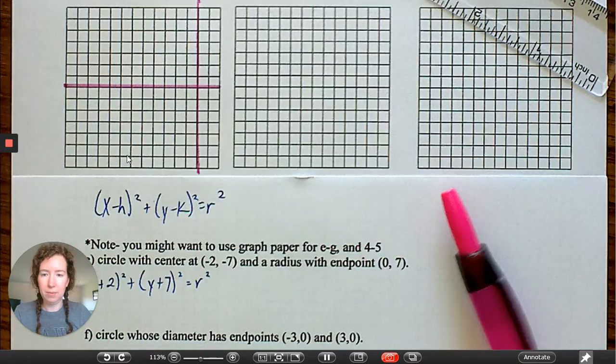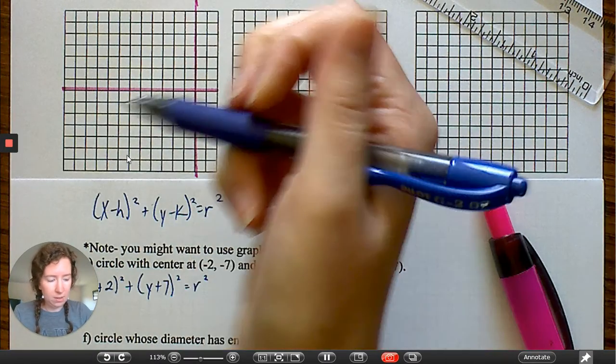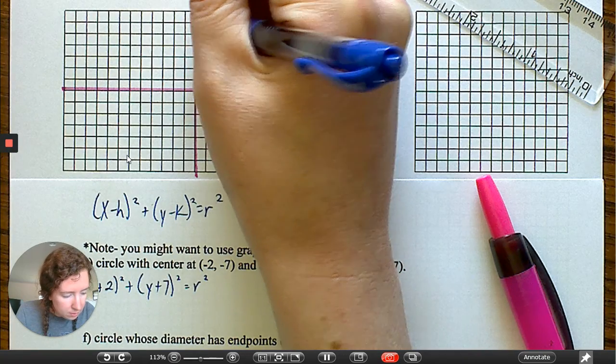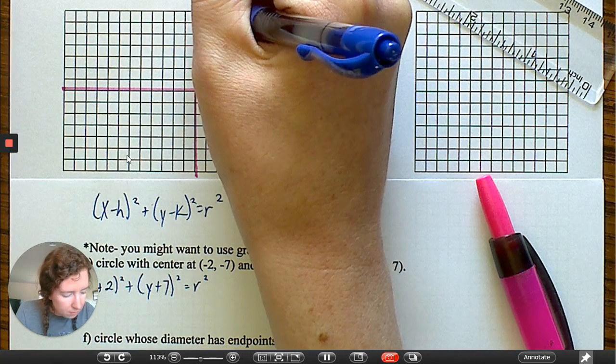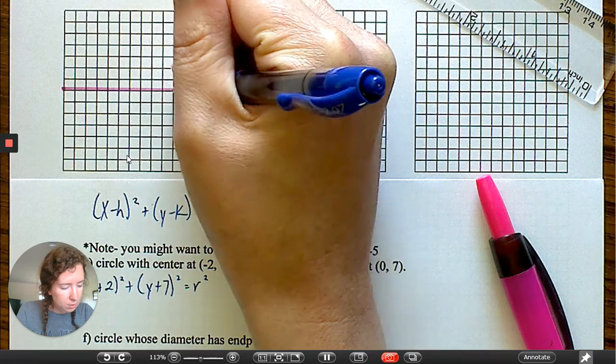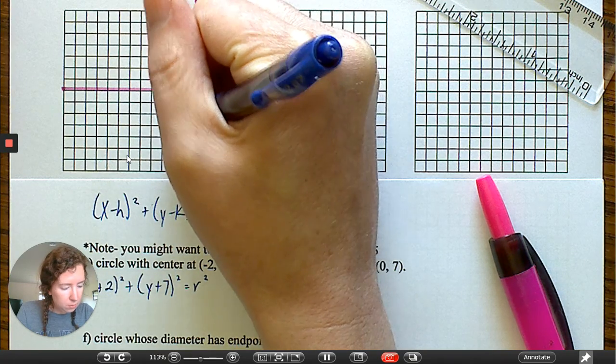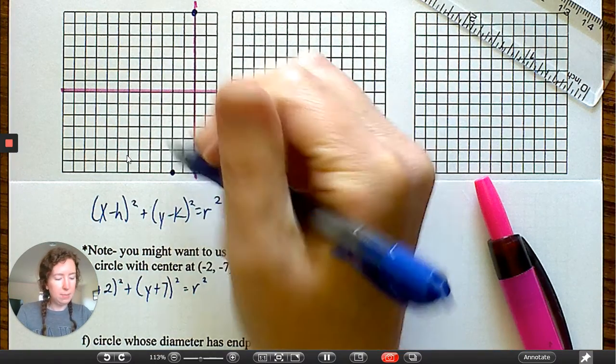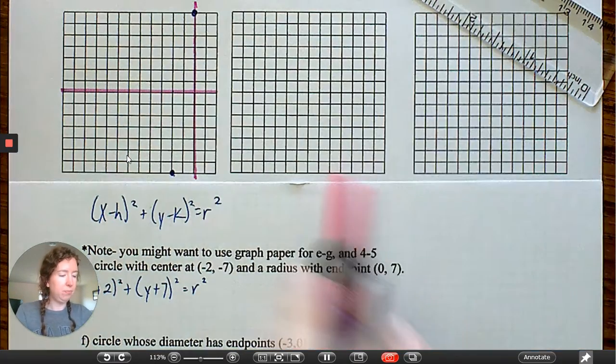Can you see that okay? Yeah. (0, 7) is 1, 2, 3, 4, 5, 6, 7. And then -2, -1, 2, 3, 4, 5, 6, 7. So that's my center right there.